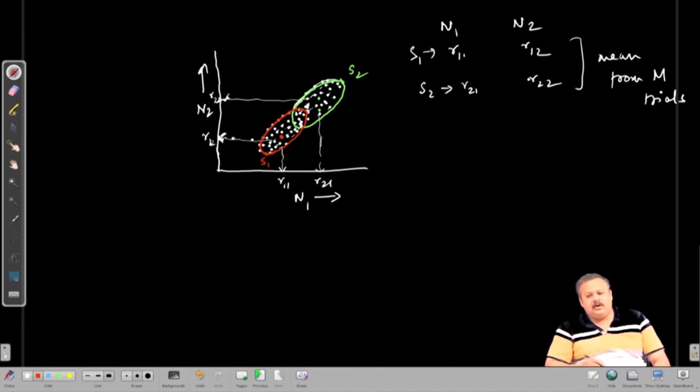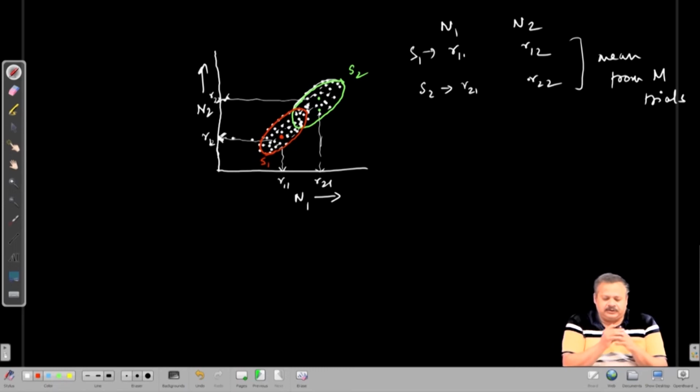Depending on how strongly correlated the variation of responses is, that will determine how much overlap we have in this particular region.